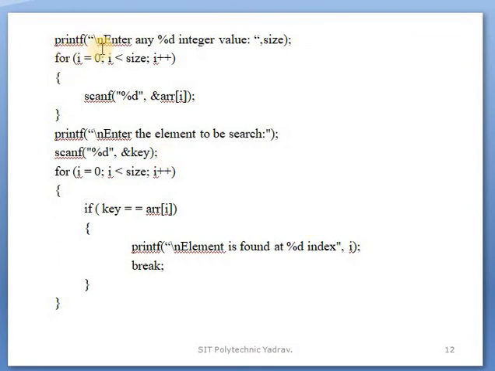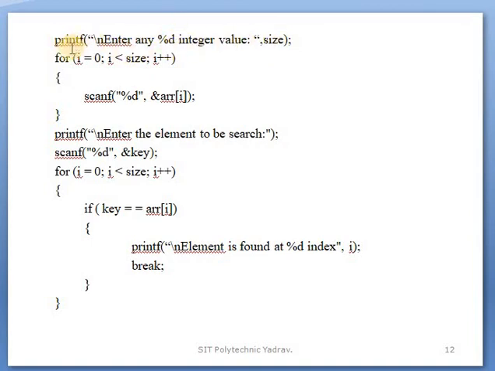Printf slash n means displayed on a new line. Enter any percent d integer value. Percent d is a data specifier. Which variable does it use? It uses size, and the data specifier for size is percent d.